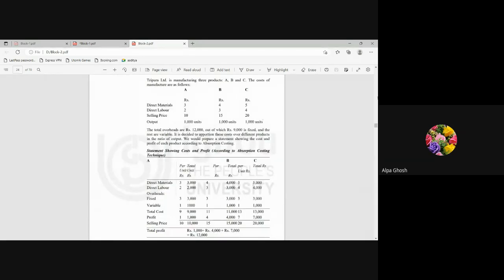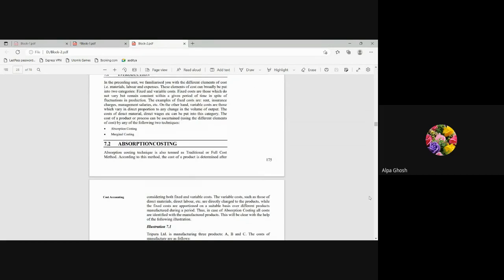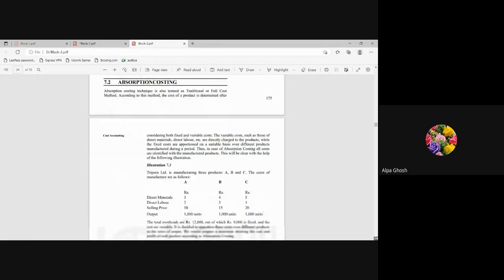Suppose a manufacturing company has three products: product A, product B, and product C. The material, labor, selling price, and output in units for these three products are given. The total overheads, the total expenditure, are 12,000, out of which 9,000 is fixed and the rest is variable.